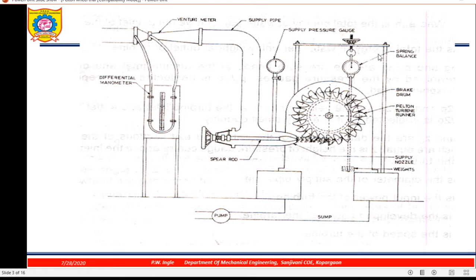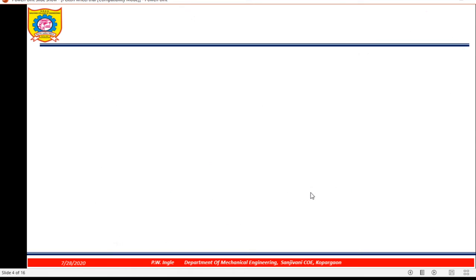And this is the rotor on which double hemispherical type blades are mounted, and this is a tangential flow type of turbine, that is, water is flowing in a direction tangent to the rotor. Now shaft power is 2 pi N T by 60. How to calculate torque we'll discuss during calculations.